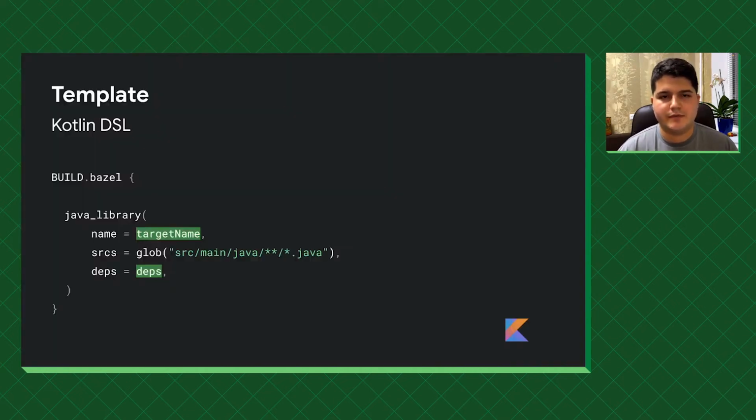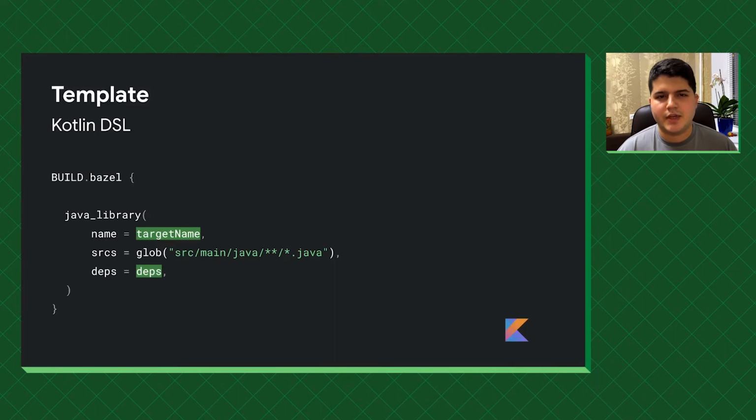The code generation overall happens using templates. For example, imagine you have a large project that has hundreds of Java modules. Most likely, Bazel scripts for those hundreds of modules would have a lot in common because all of them are using Java rules and pretty similar configurations.